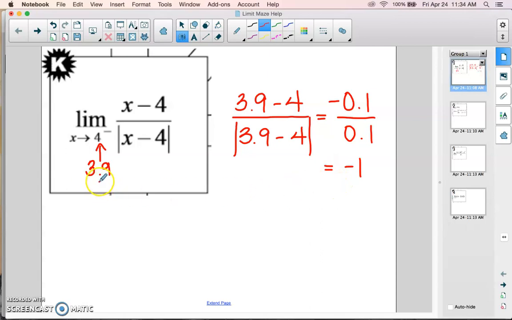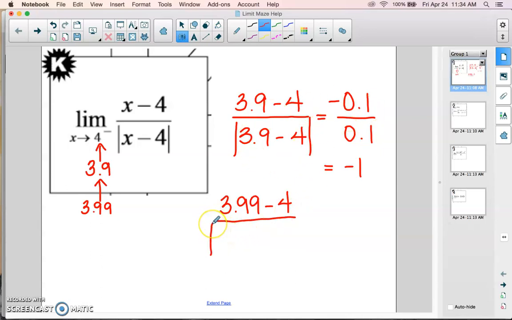Remember that limits are like you're getting really close to that value but never touching it. So I'm getting really close to 4, but coming from the left side. So maybe I could pick a number that's even closer, still coming from that same direction, as a comparison to see if my answer from the first run through was correct.